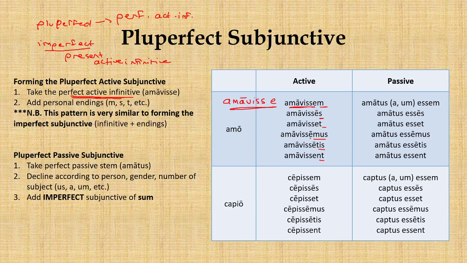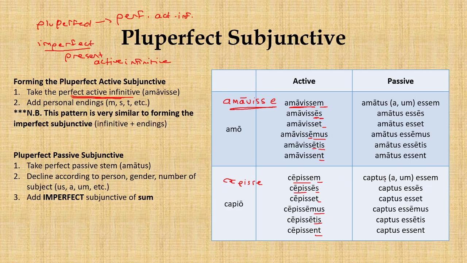And that's actually similar to how our imperfect subjunctive worked as well. The ending of the infinitive, the vowel ending, was actually also lengthened as well. So that's also consistent with our third conjugation. Cepisse is the perfect active infinitive. And all you do is you stick the personal ending onto the end there.